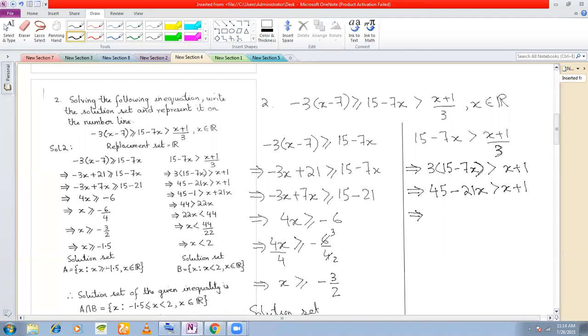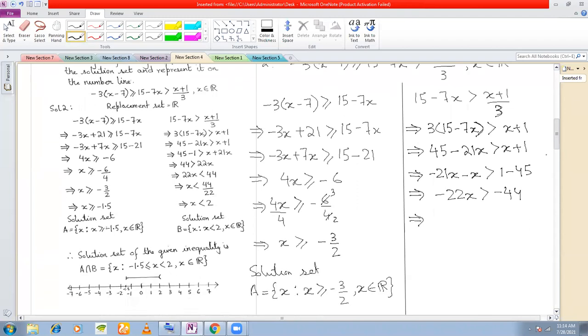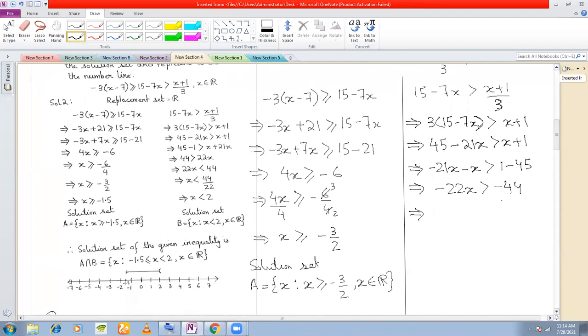Now you take the x's on one side. So minus 21x minus x is greater than 1 minus 45. You take 45 on the other side. So you get minus 22x is greater than minus 44. Now you see, I want to make the coefficient of x as 1, but the coefficient of x is minus 22.